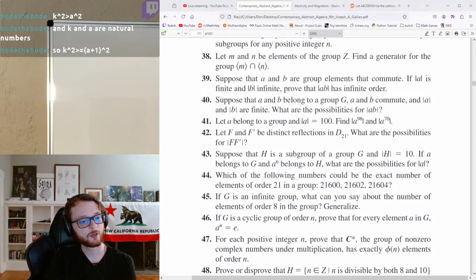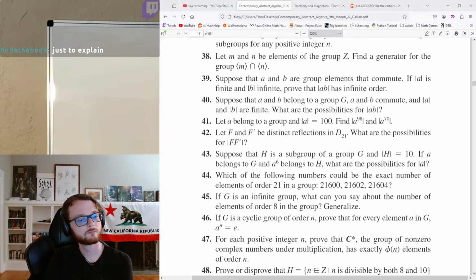Okay, and this is a new train of thought you've been typing in, I assume. So you're letting a squared plus b plus c be a square.